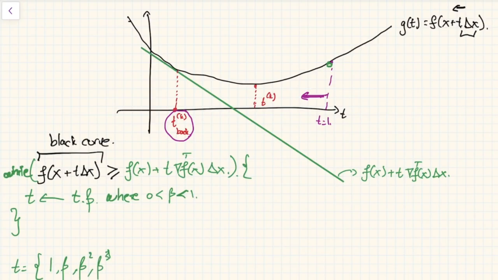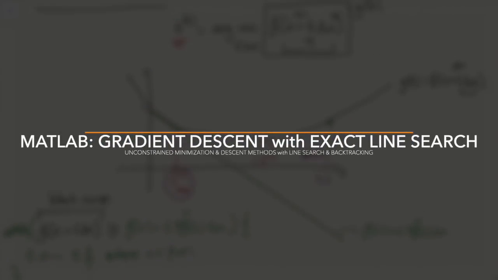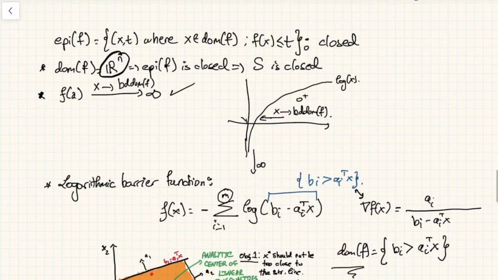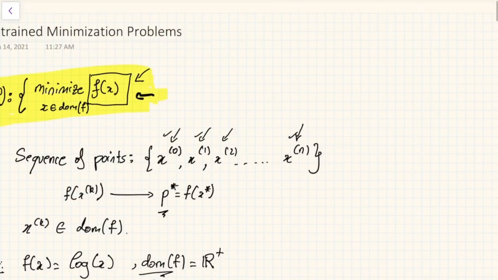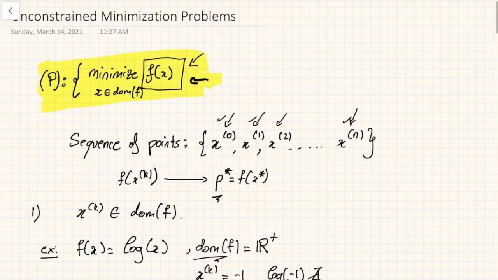Note that this sequence is decreasing because beta is between 0 and 1, until the green line lies on top of or is equal to g. Okay? So really, those are the methods that we're going to be implementing in MATLAB, seeing how we can converge to the optimal value numerically using the following sequence of points. So let's go to MATLAB right now.